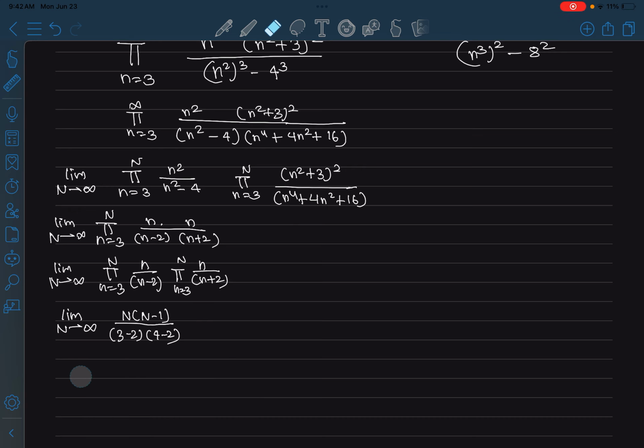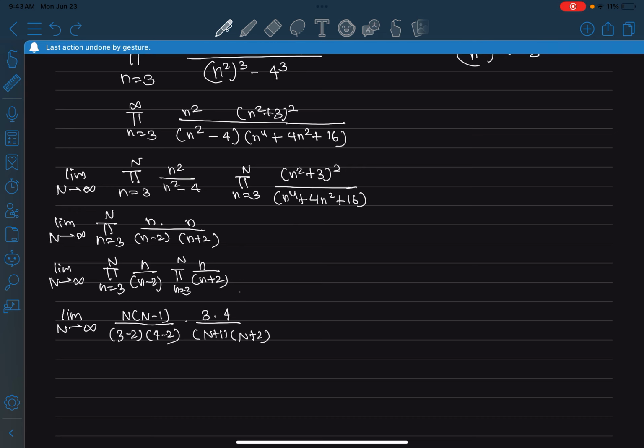And then the next one is also similar. Over here in the numerator you will have 3 and 4, and in the denominator you will have N minus 1, N plus 1 and N plus 2, because this only goes up to N, so the last two terms, N plus 1 and N plus 2, will be extra and they will just remain over there.